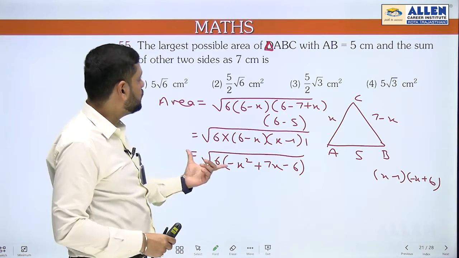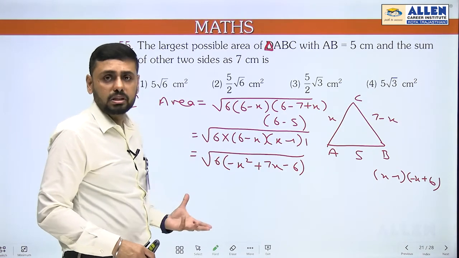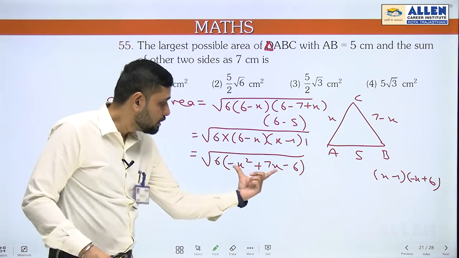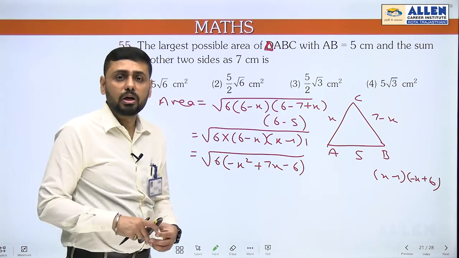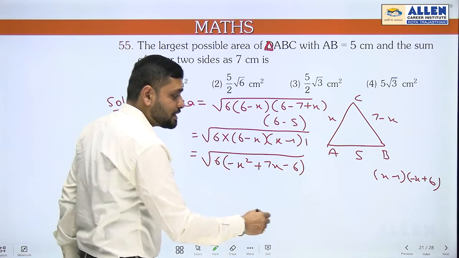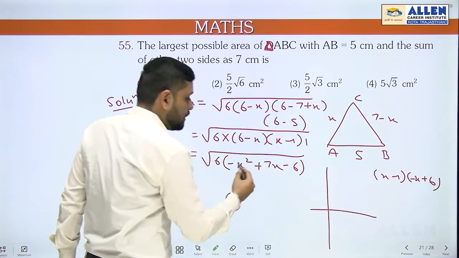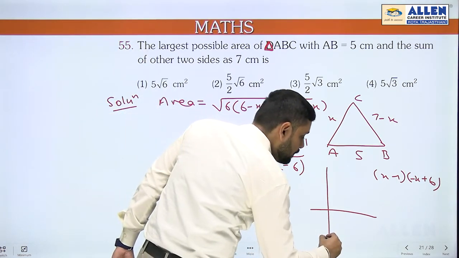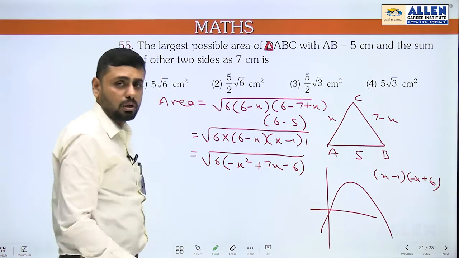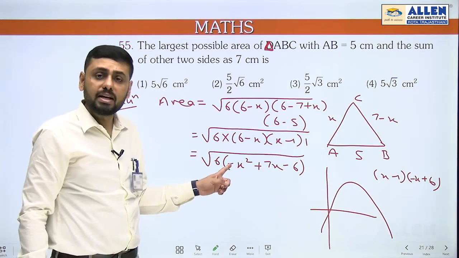Now we need the area, we need the largest possible area. For the largest possible area, the value of this quadratic expression will be largest. And at what point will we get the value of this quadratic expression largest? As you can see, this is a quadratic expression in which the graph will be a downward parabola, because the value of a is less than 0.